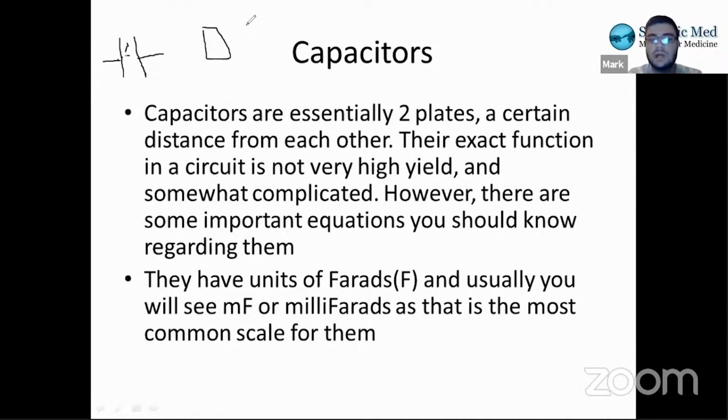I believe the most common ones you'll see are either microfarads or millifarads. Those are the most common scales for them. 1 farad is a huge capacitance. You don't ever really see that in a question because it's a ridiculously big number. Most capacitors are in the milli or micro range, right?